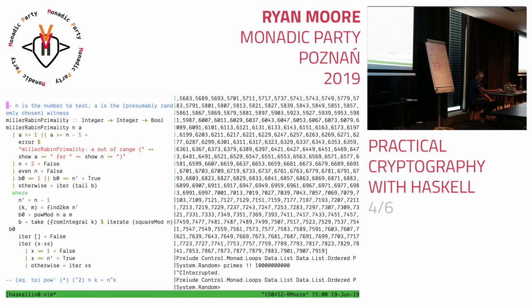And what this relies on is a couple of properties about modulus arithmetic and prime numbers. And it's a fast way of almost assuredly proving that a number is prime, but not 100%.